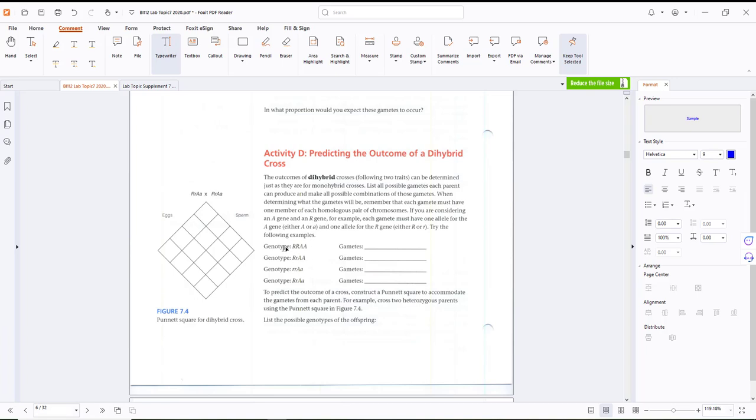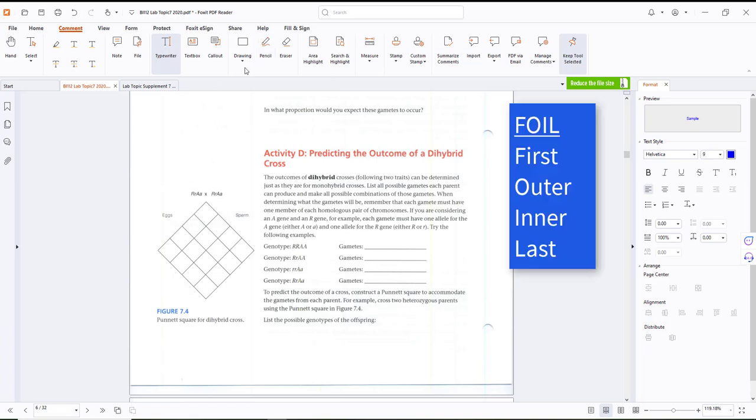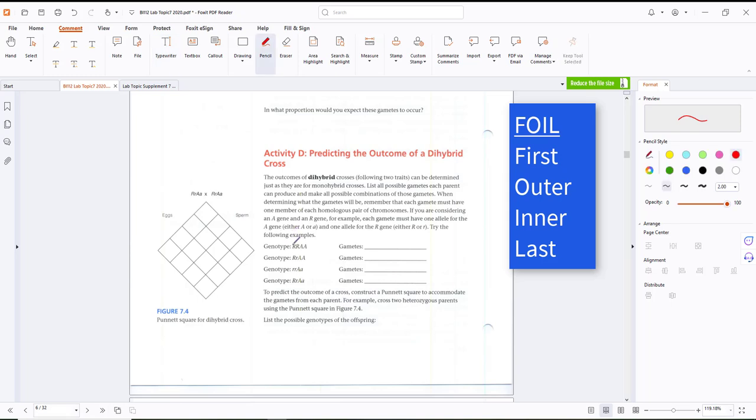If we have genotype RRAA, they're all uppercase, what would be the possible gametes? Remember, with FOIL we do first, then outer, then inner, and then last. But that all ends up being the same thing.